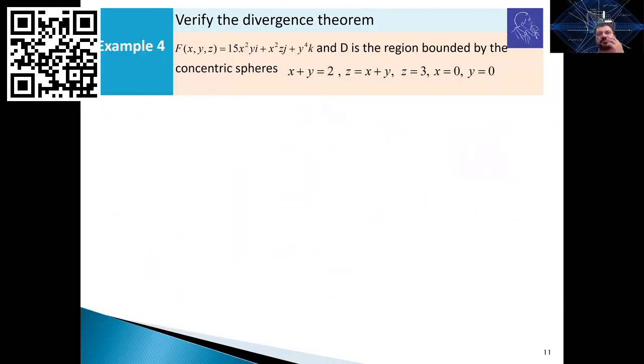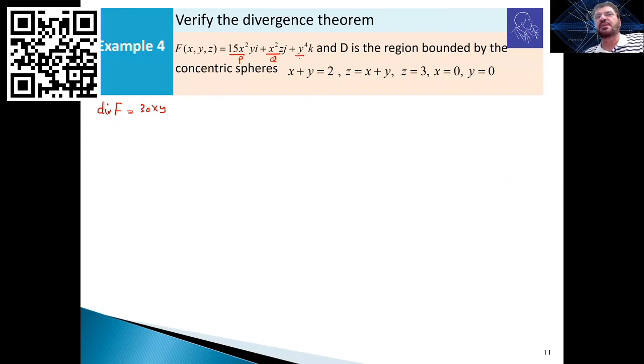All right, this one now. We need to find the divergence theorem. So we say what? The divergence of F is equal to the derivative of this, this is P, with respect to x, is 30xy, because the derivative of x squared is 2x times 15 is 30. The derivative of this with respect to y, this is Q, there is no y, so it's a 0.